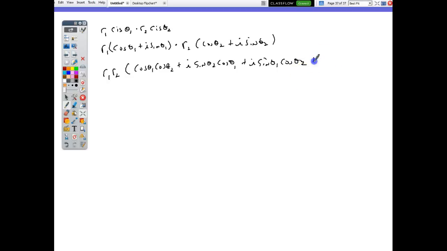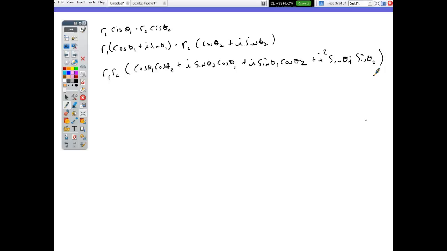Plus i squared sine theta 1 sine theta 2, in parentheses. Beautiful.